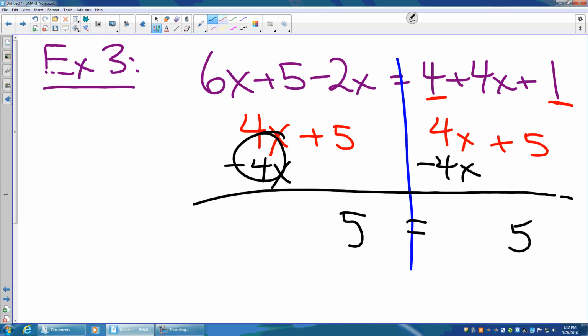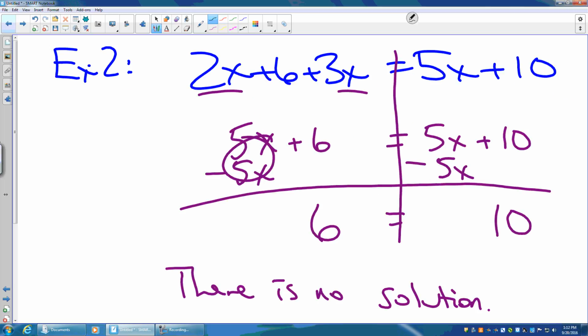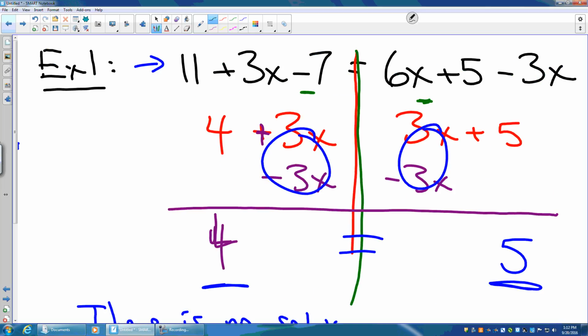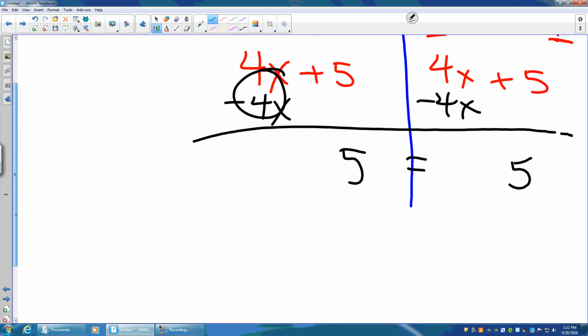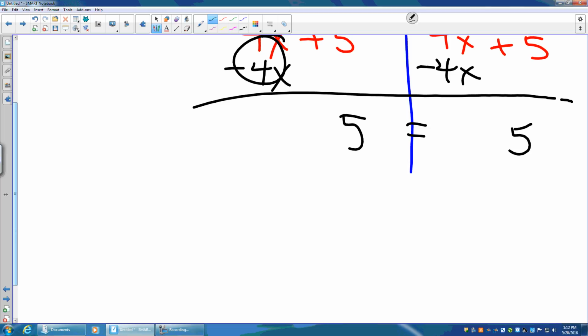Hopefully you're noticing that it says 5 is equal to 5, and that is true. So when it is the same thing on both sides, it's not that there is no solution. It's that all numbers are a solution, or there are infinitely many solutions. A lot of teachers say it differently. I'm going to say all numbers are a solution.